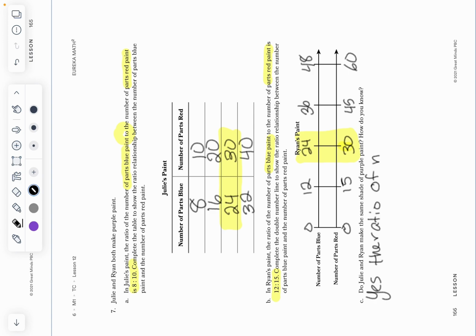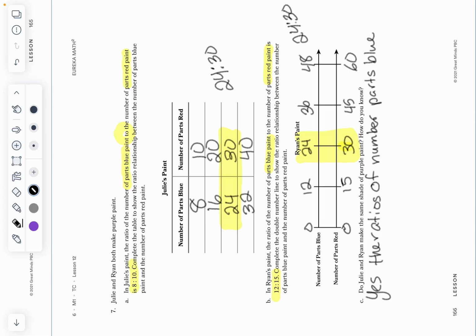of the number of parts blue, and it should be ratios because we're talking about 2 ratios, the 24 to 30 in this one and the 24 to 30 in this one.